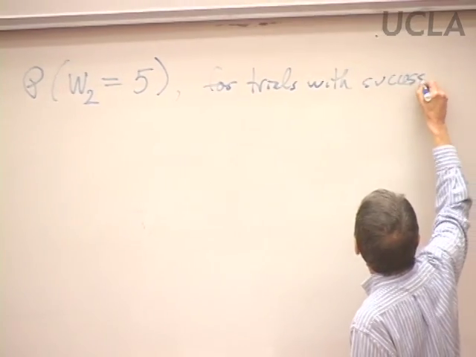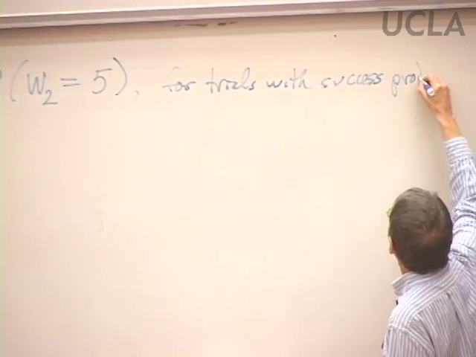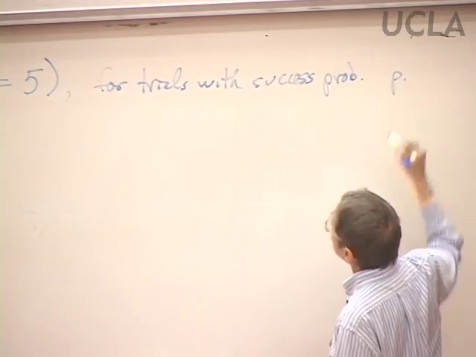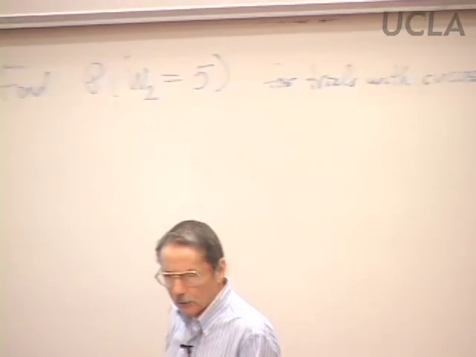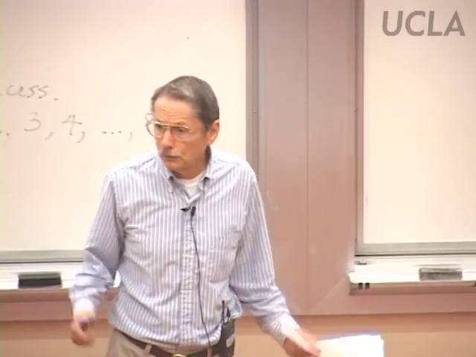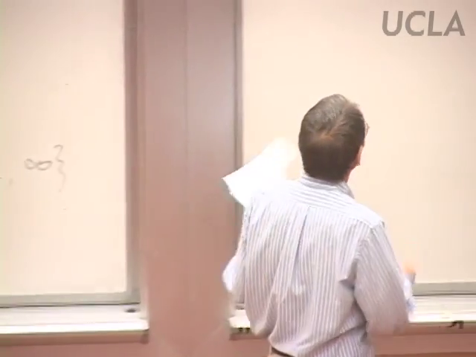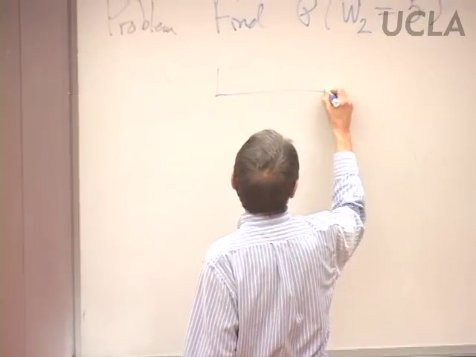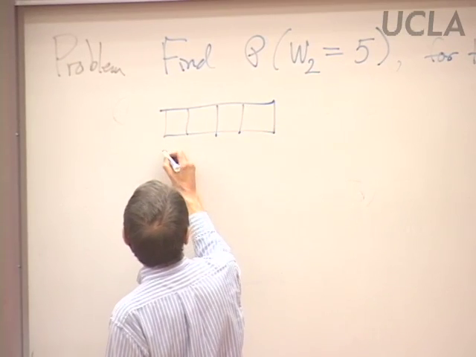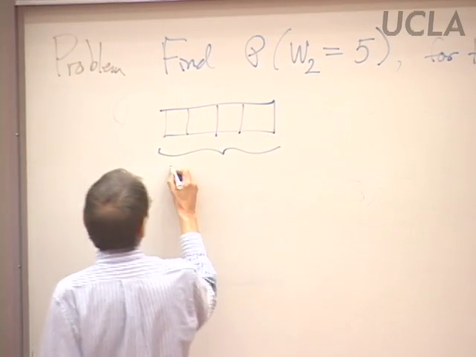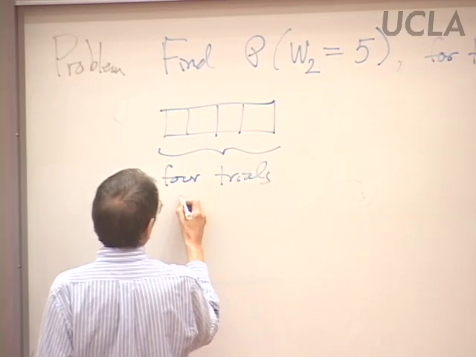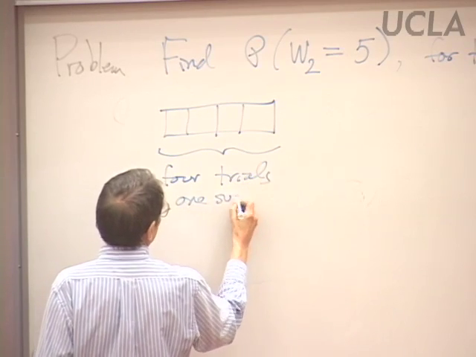Well, so we need to look at this event, W2 equals 5. How can that happen? Well, that means in the first 4 trials, we had exactly 1 success.